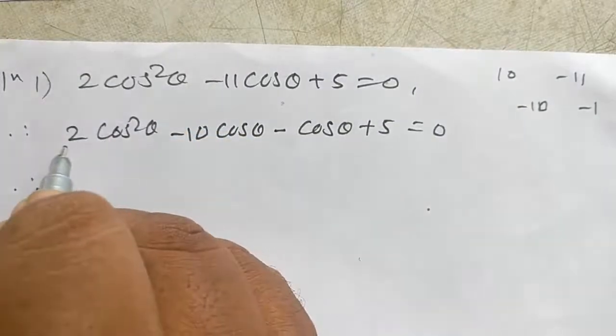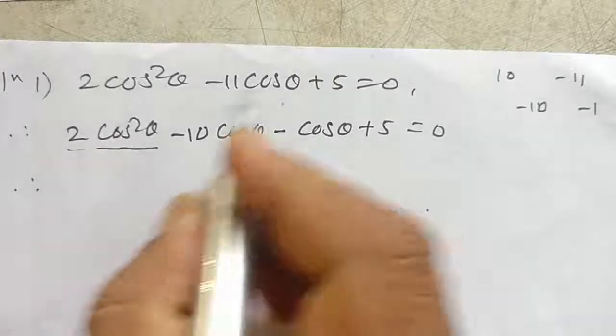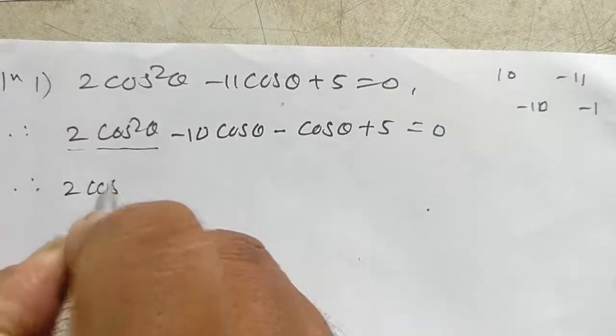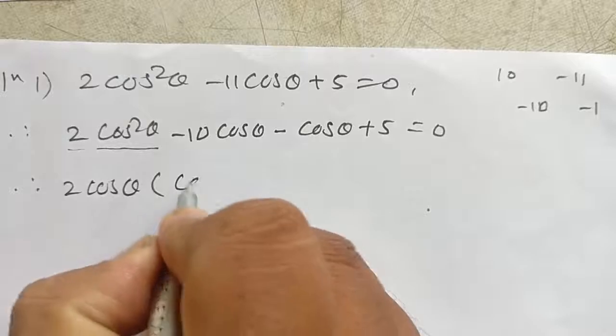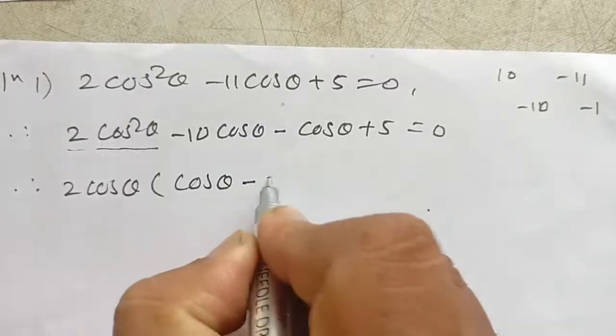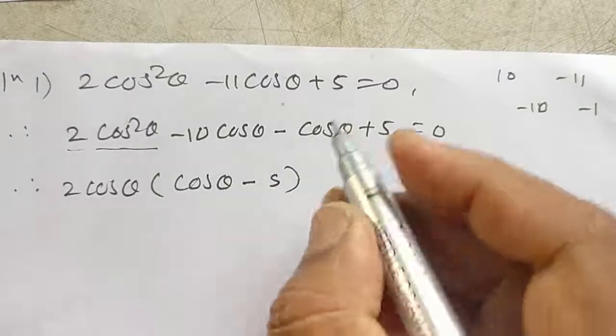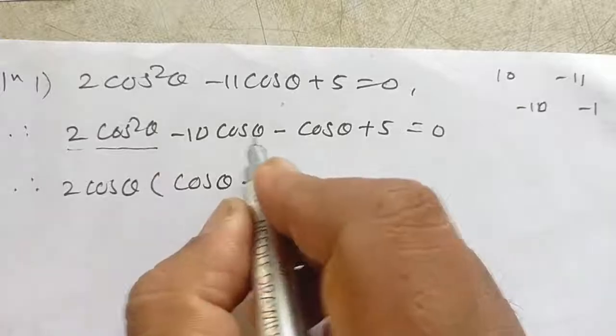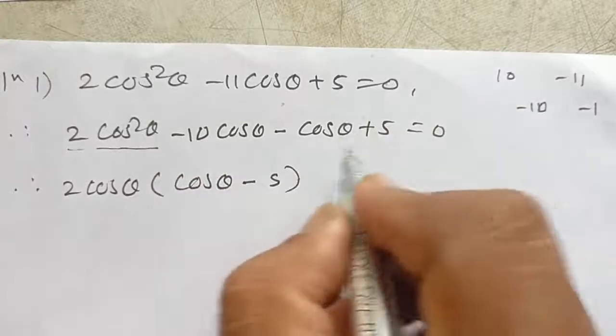We can take 2cosθ common from the first two terms: 2cosθ remains, (cosθ - 5).